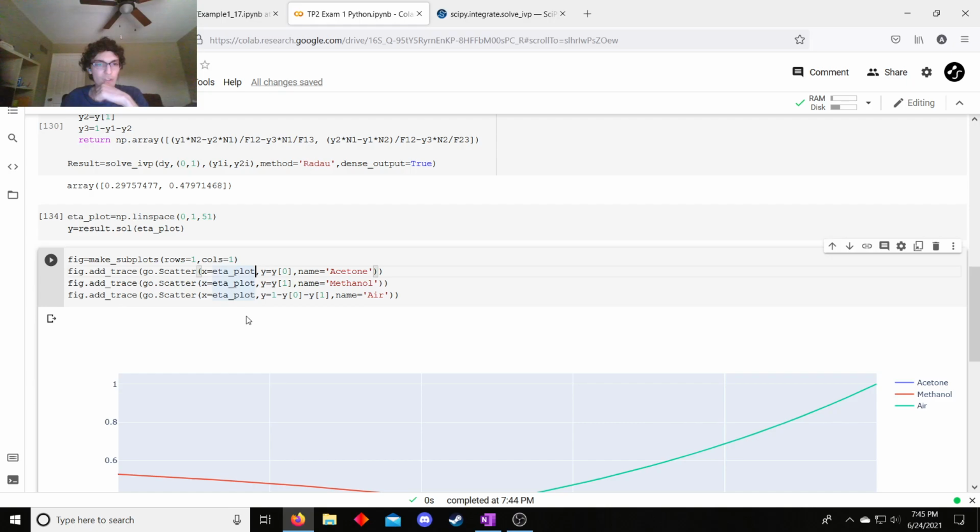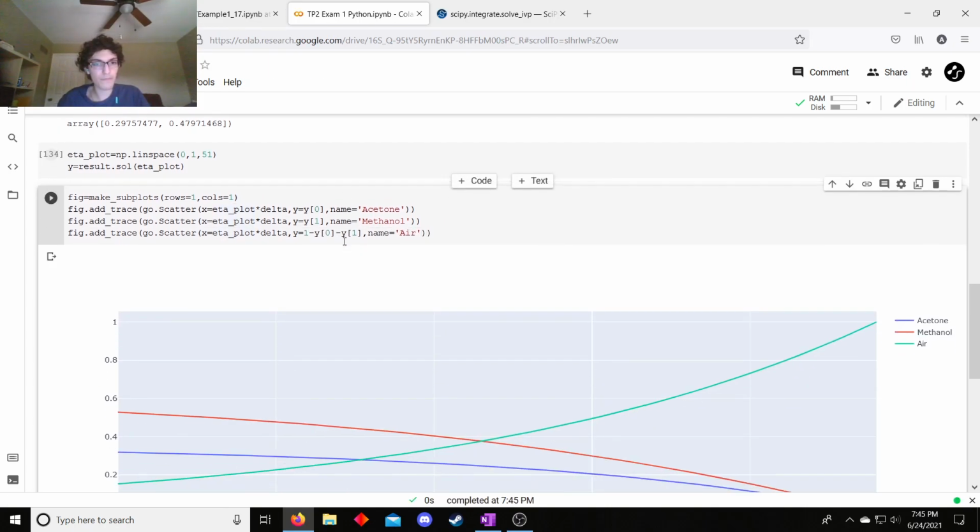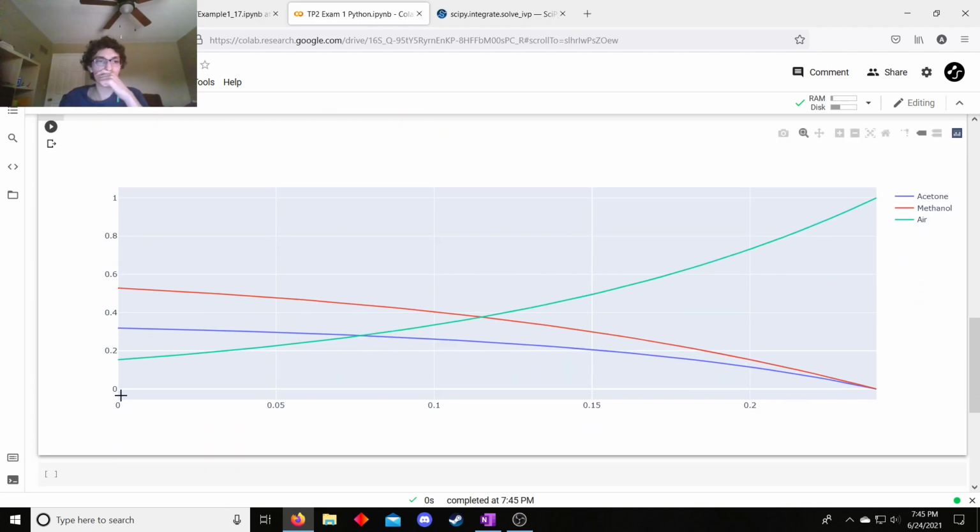What we can actually do is multiply by delta. We're kind of unscaling it right now. Run this again. And now we're 0 to 0.24. So this is the graph of the mole fractions from z equals 0 to z equals delta.